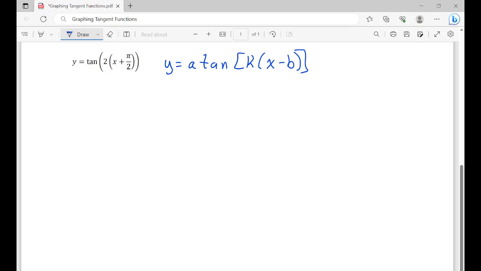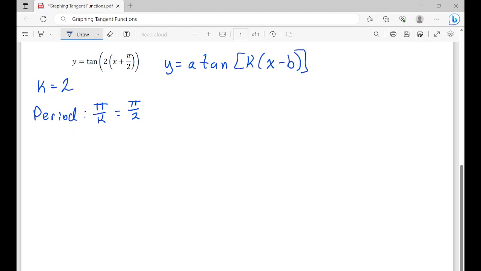So we're going to go through the same steps we did before. I'm going to first find out what k is, and k is just that number right here in front of the parentheses, so k here is 2 again. Now my period is the same as before. It's just going to be pi over k, so pi over 2.